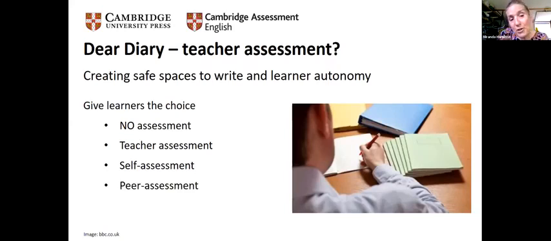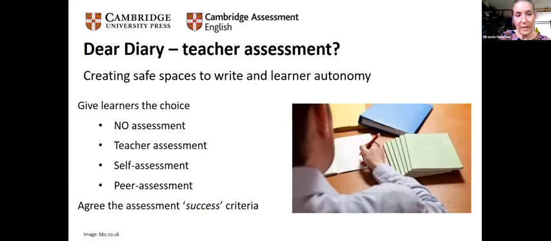And of course, there's an opportunity, if they wish, to exchange their diary with a classmate and they can peer assess their journals. But again, it is their choice, and partners may choose to exchange diaries, but you can't impose it upon them. Now, of course, if you are going to assess writing, you need to agree the success criteria. You can agree that success criteria with your learners.